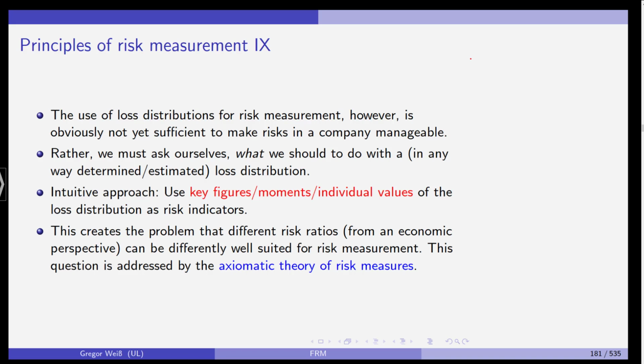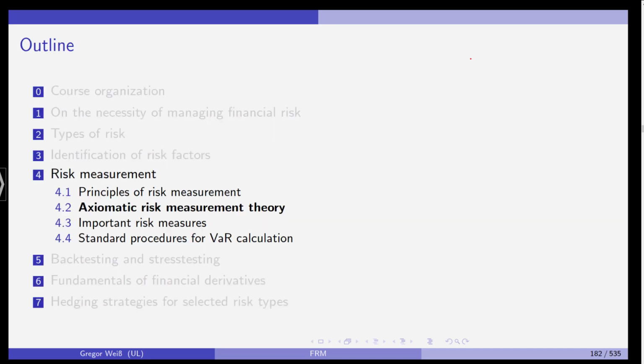So this creates the problem that we have risk ratios, risk metrics, risk measures, and different risk metrics could be differently well suited for risk measurement. And this question is and was addressed by what I call axiomatic theory of risk measures.